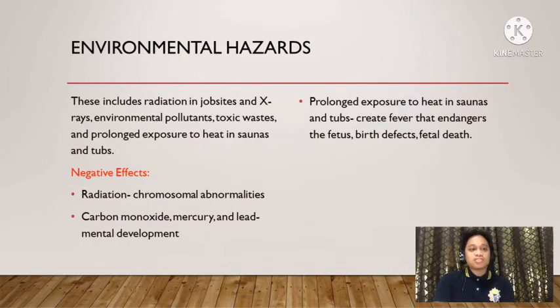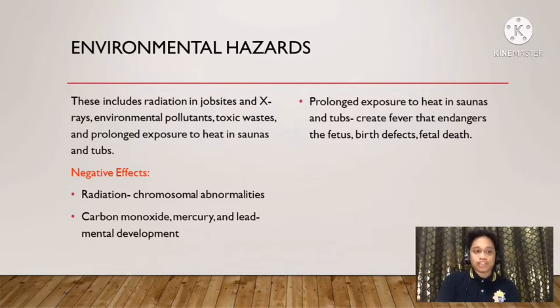The third one is environmental hazards. This includes radiation in job sites and x-rays, environmental pollutants, toxic waste, and prolonged exposure to heat in saunas and tubs. The negative effects of these, first, radiation, could lead to chromosomal abnormalities for the baby.